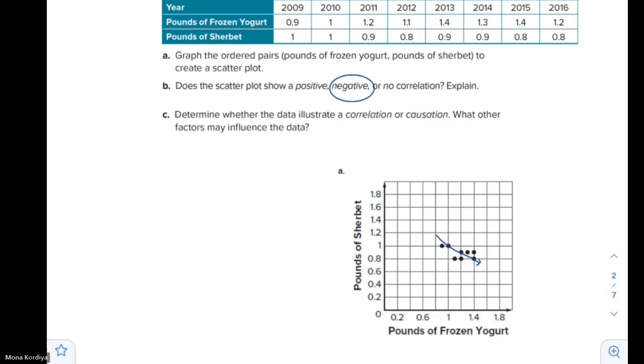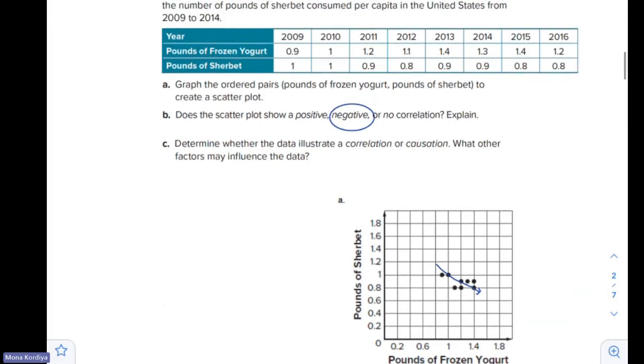Means selling or buying frozen yogurt might affect the other one, the juice. Because if you go to the shop and you buy frozen yogurt, then you will not buy the juice. So the number of frozen yogurt items sold might be affected by the sherbet or the juice. Though I don't think it's a strong causation.